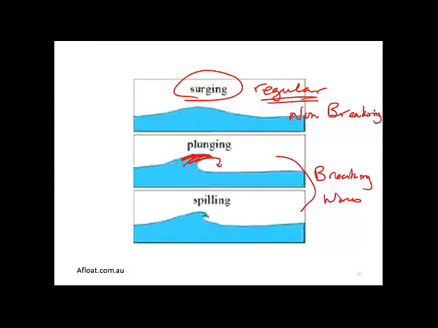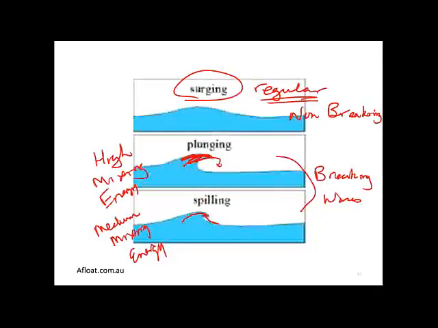So this is high turbulence, high mixing energy. You can see here with the spilling wave, it doesn't really have that big crest. It kind of spills over onto itself. I'll show you some pictures. So this has medium energy for mixing. And the surging wave, of course, has very low energy for mixing.